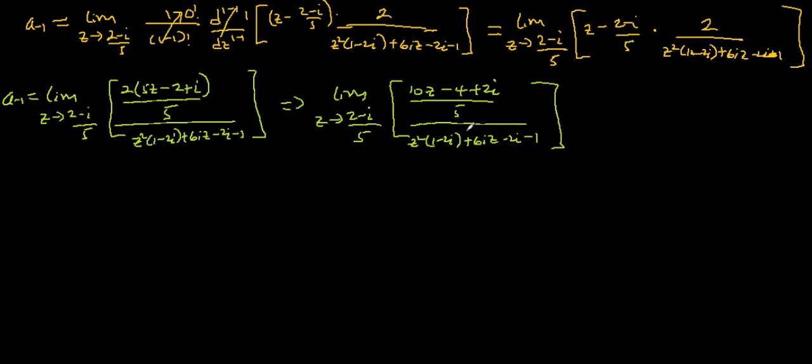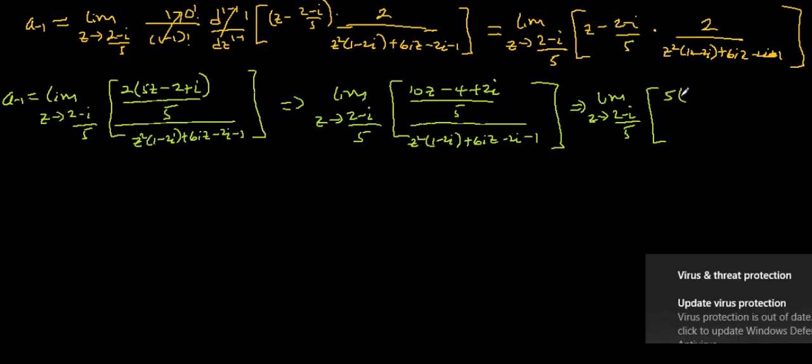So now we are going to differentiate this. That means we are solving this limit using L'Hopital's rule. We'll differentiate and substitute. So differentiating this now, we are going to have limit as z tends to 2 minus i divided by 5 into, remember, you keep the denominator constant, differentiate the numerator.